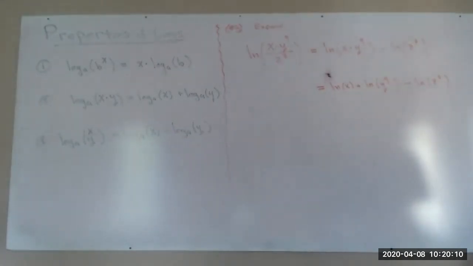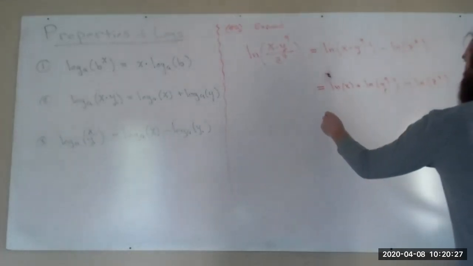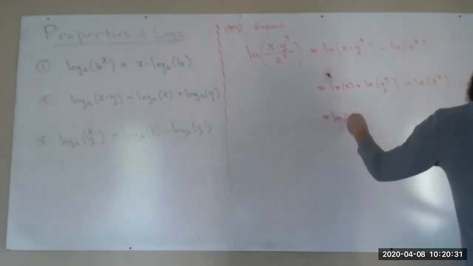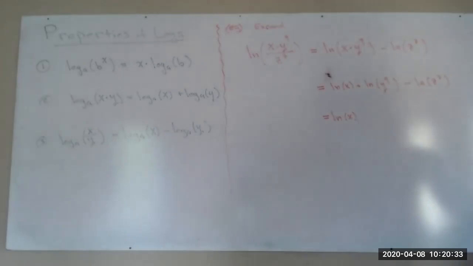Now there's no more multiplication or division going on inside my logarithms, but those last two do have some powers going on. So I can apply property 1 to those, bringing the powers down in front of the respective logarithms. The ln of x stays the ln of x.